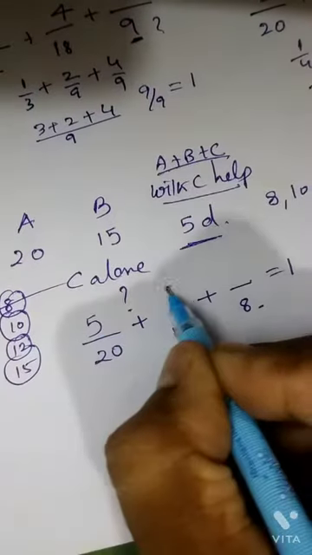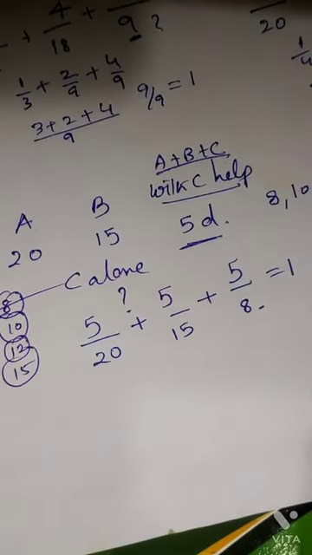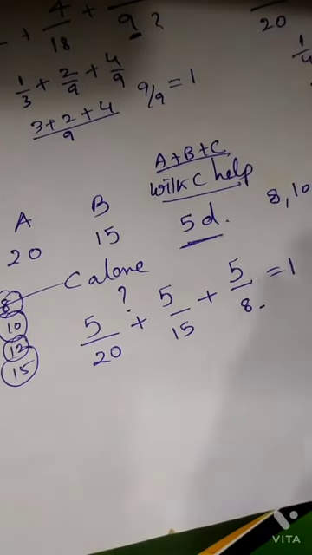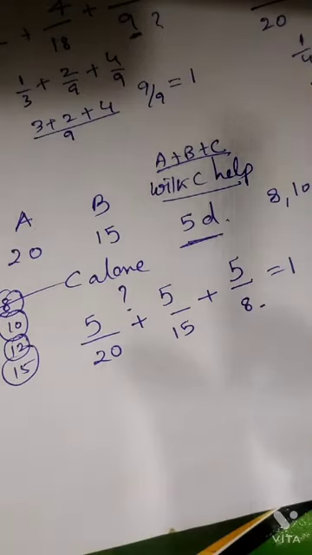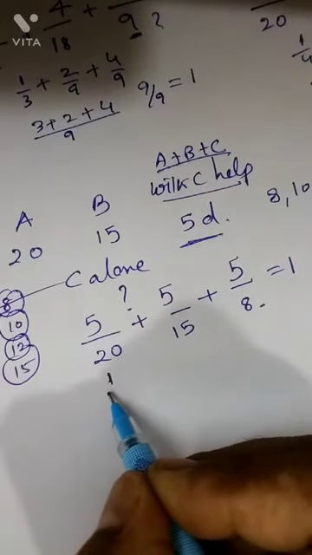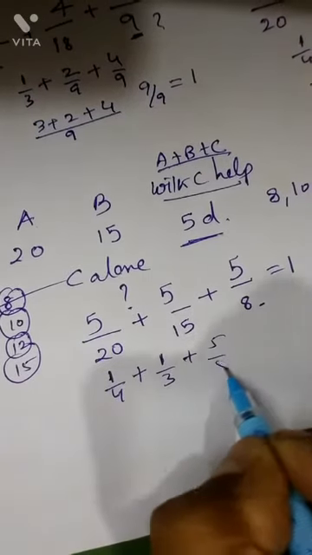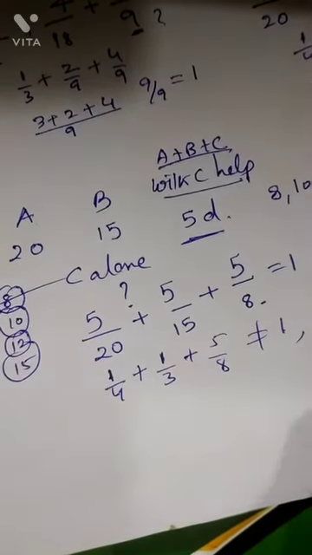So 5 plus 5 plus 5 we have taken. Already I have done the same model. Okay, let it be, I am repeating it. So this is 1 by 4 plus 1 by 3 plus 5 by 8. It is not equal to 1, dear students.